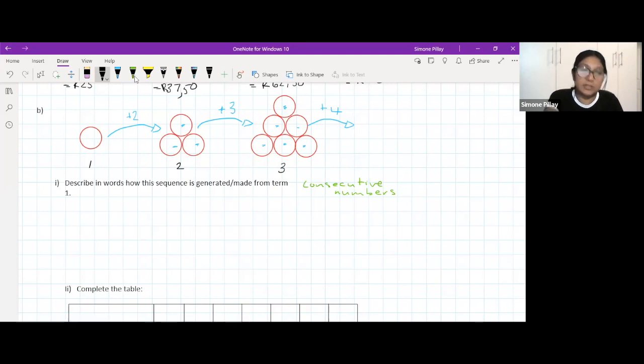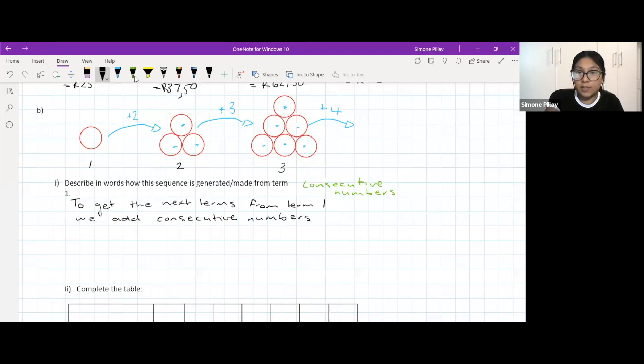So let's see how I would describe this. I would say to get the next terms from term 1, we add consecutive numbers, but I can't just say adding consecutive numbers, because from where are we adding consecutive numbers?